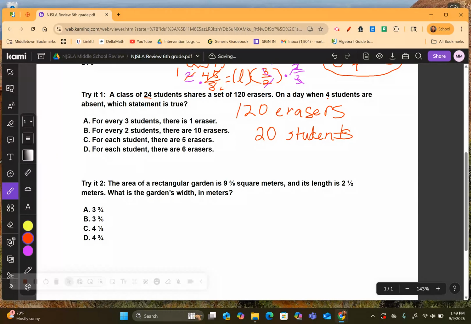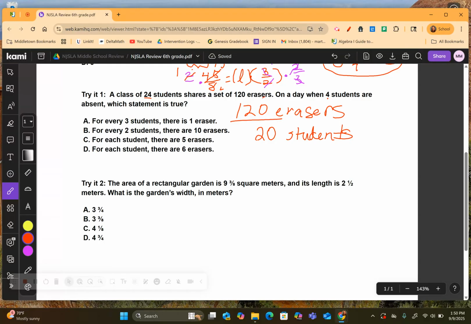Again, similar to what we had in number 1, we want to figure out how many erasers for each student. So what operation should we do? Multiplication, division, addition, or subtraction? Okay, so to figure out how many erasers one student gets, we are going to divide.